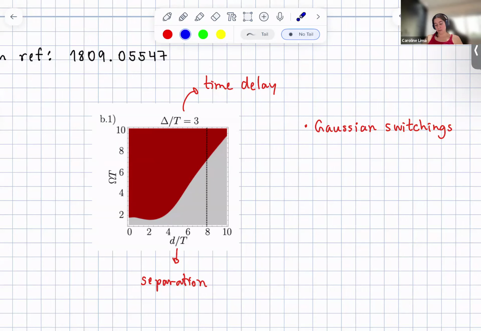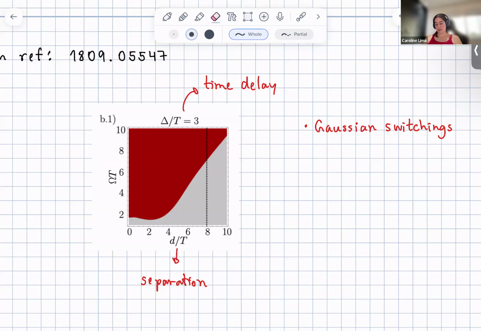So you see that if you have a larger separation, you need a higher gap in order to harvest entanglement. But in any case, even in regions that are sufficiently space-like separated, we can still harvest entanglement from the vacuum.